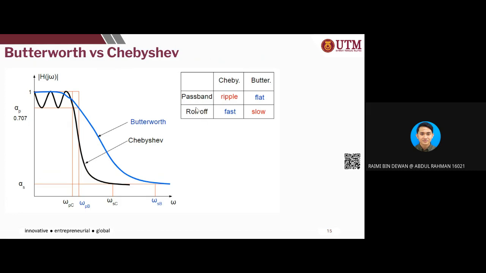In terms of roll-off, like I told you just now, Chebyshev has a fast roll-off, which is here. However, in Butterworth, the roll-off is much slower.